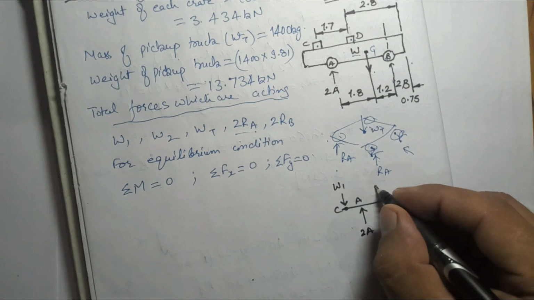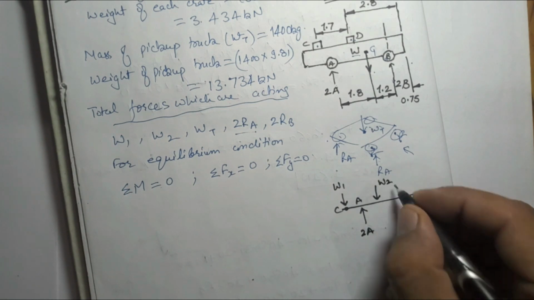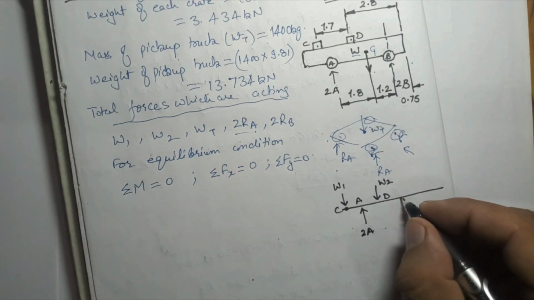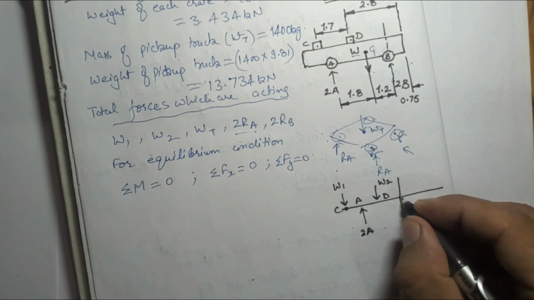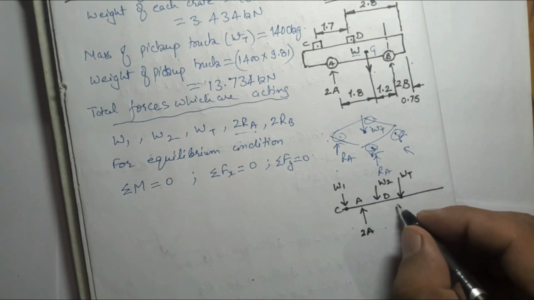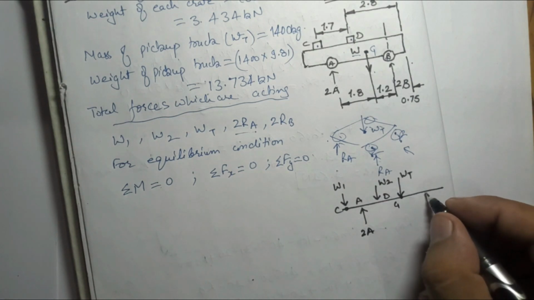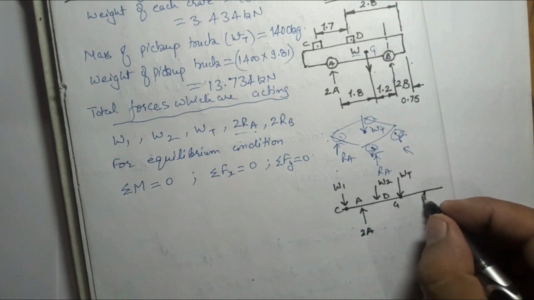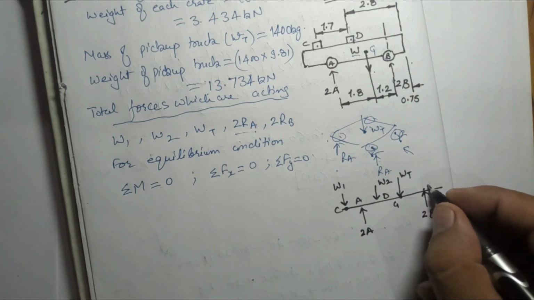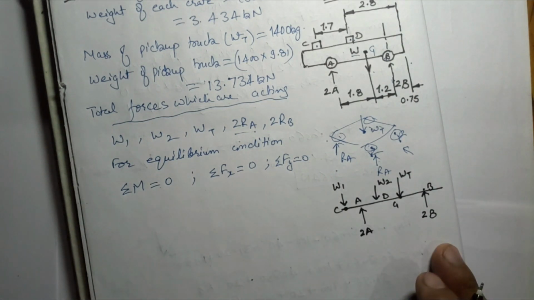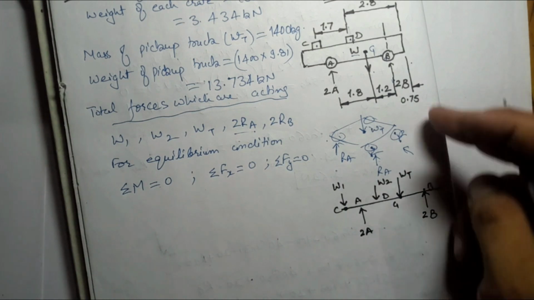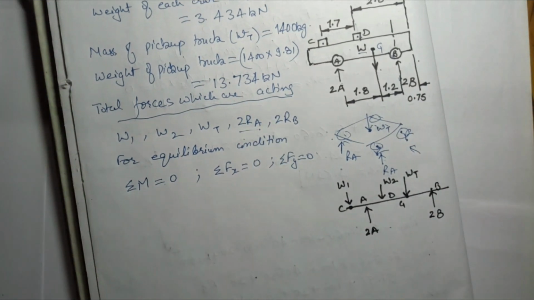Then there is another weight W2, acting at D point. Then there is the weight of the truck, that is WT, acting at G point. Then there is one other reaction at B point. So this is the force system, and it is just similar to the coplanar non-concurrent forces. We will see the distances now. We will try to solve this.